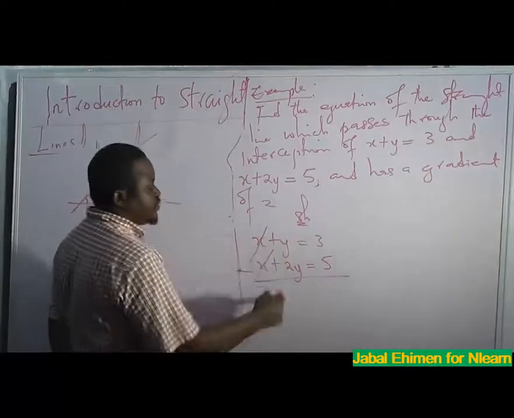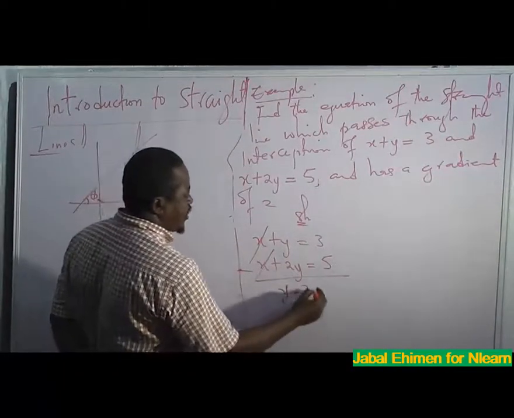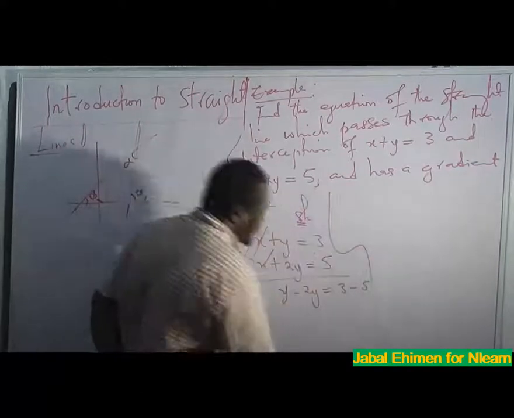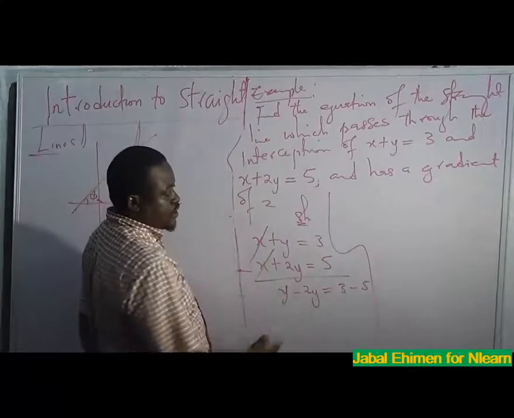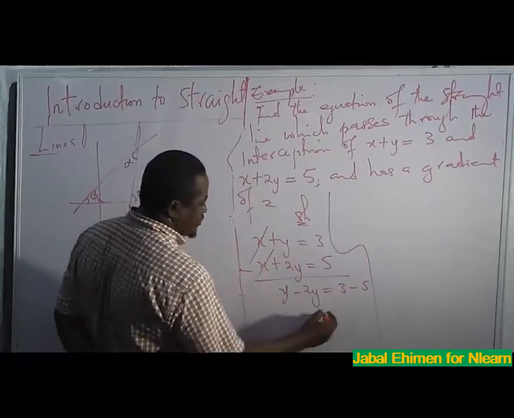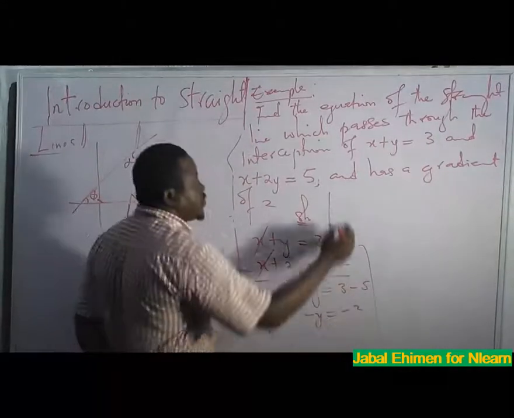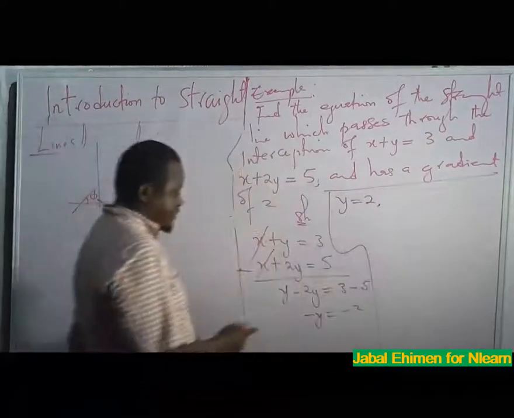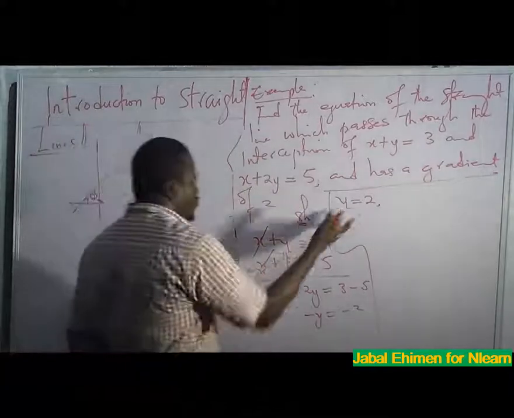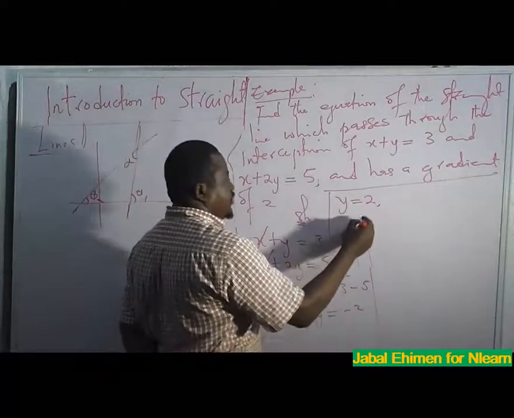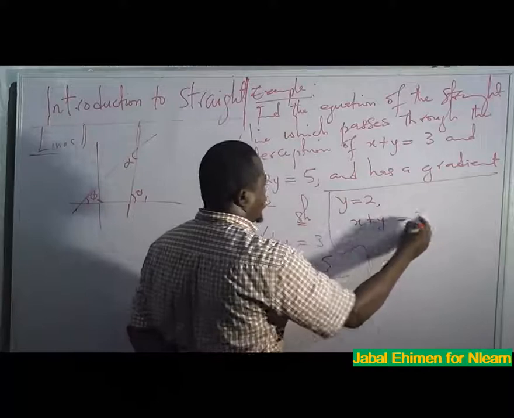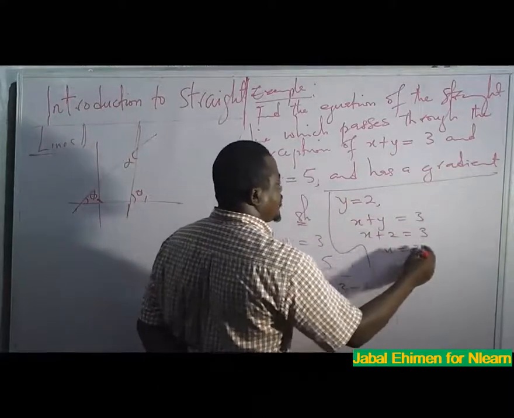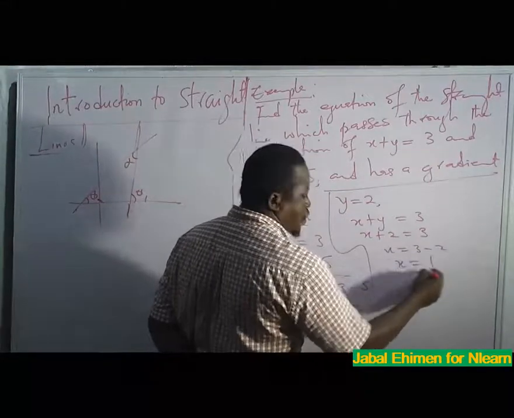This will cancel this. So y minus 2y is equal to 3 minus 5. That will be minus y is equal to minus 2. So y is equal to 2. Put y equals 2 into the first equation, x plus y equals 3. So x plus 2 equals 3, so x is 3 minus 2, so x is 1.